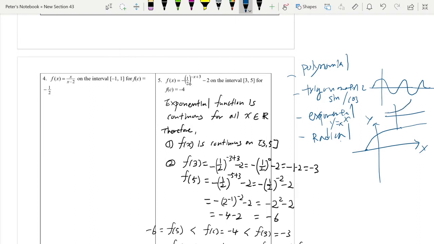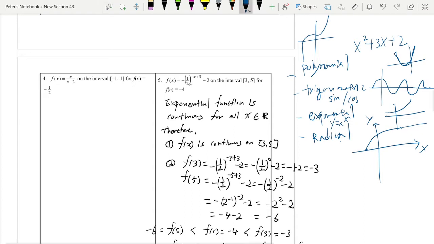And then a polynomial function like x squared plus 3x plus 2 looks like a parabola, or depending on the power, like x cubed will look something like this. Nonetheless, the most important thing is that the first 3 are continuous for all real x, and radical is continuous over its domain.